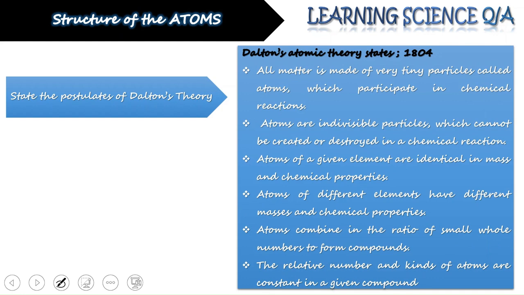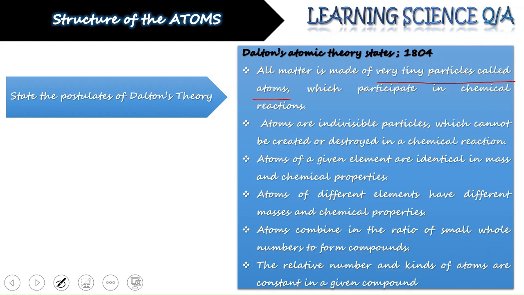Now, what are the postulates of Dalton's atomic theory? It says all matter, whether it's an element, compound, or a mixture, is made up of very tiny particles called atoms. And these atoms participate in chemical reactions.